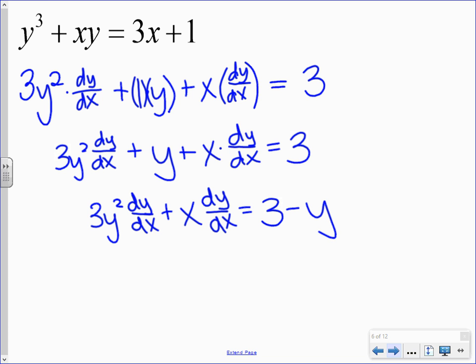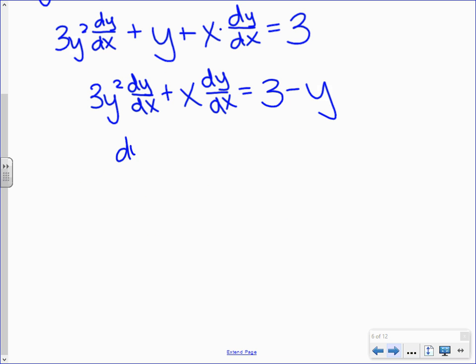Now, when we take the derivative, our end goal is to have dy/dx equal something. So essentially, from here we are solving for dy/dx. How can we solve for dy/dx? What does our next step need to be? Factor. We need to factor it out. So if we factor out dy/dx, we are left with 3y squared plus x.